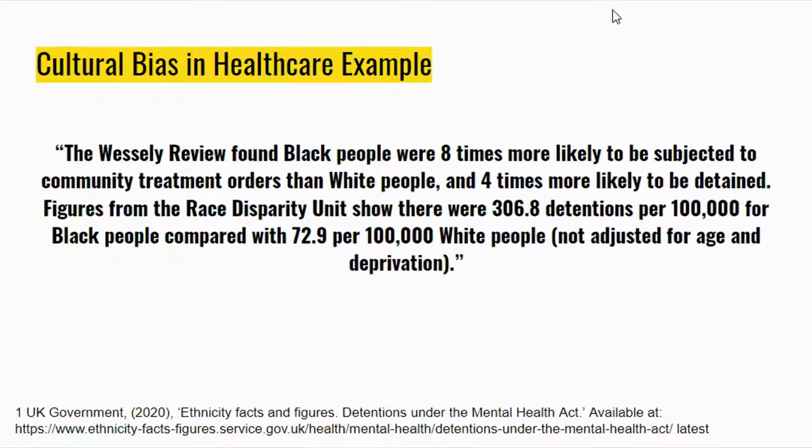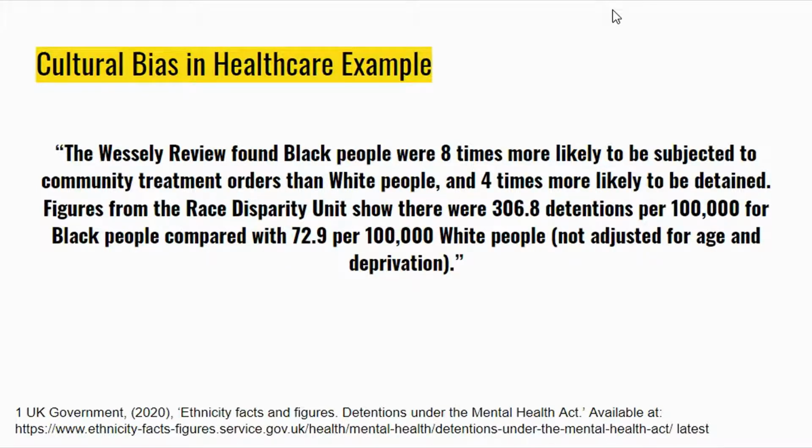This was an example from the Ethnicity Facts and Figures on Detentions and the Mental Health Act. So there was a review done called the Wesley Review, and it found that Black people were 8 times more likely to be subjected to community treatment orders than white people, and 4 times more likely to be detained under the Mental Health Act.